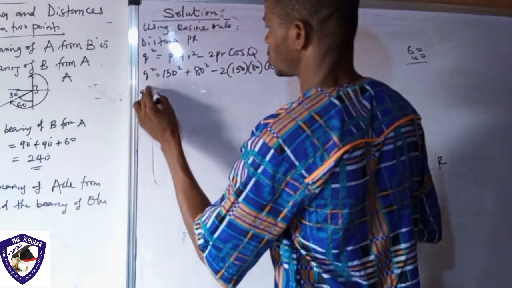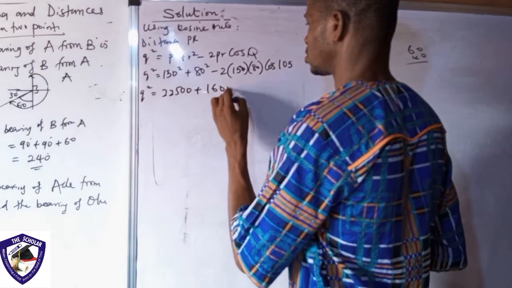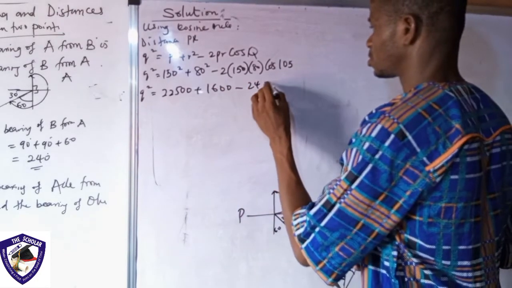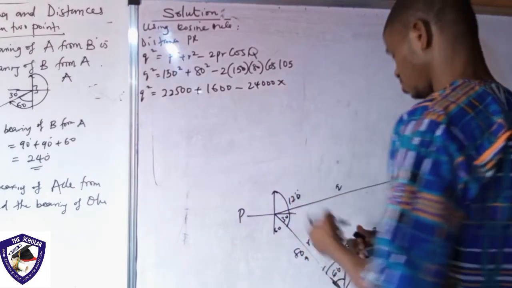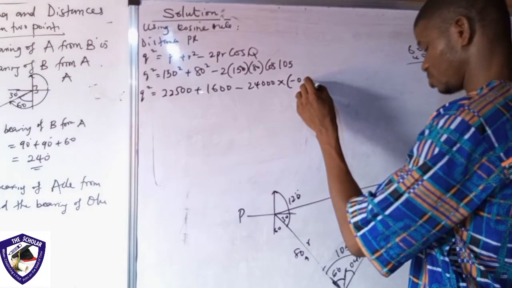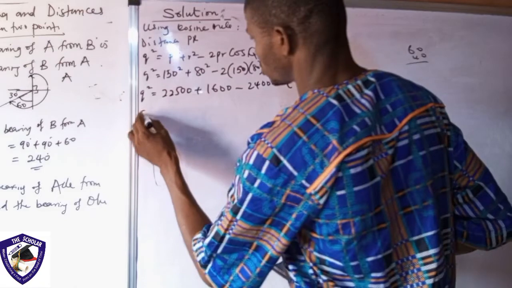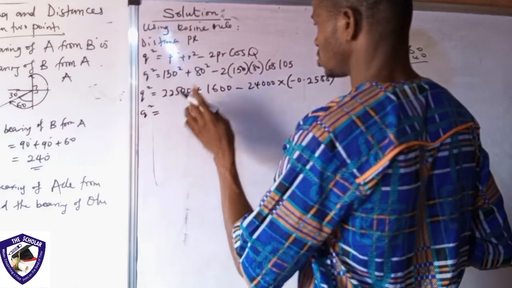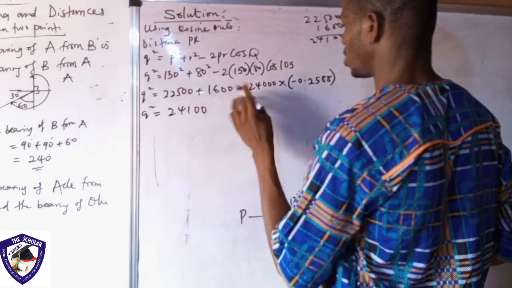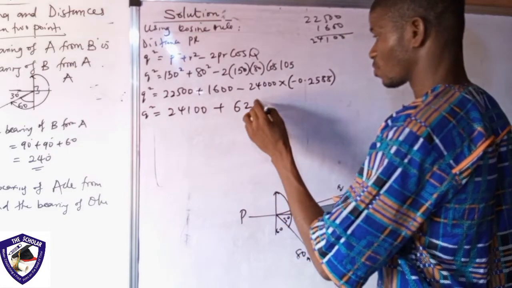And this will give me q squared is equals to 22500 plus 6400 minus 300 times 80, 24,000 times cos 105, minus 0.2588. So this will now give us q squared is equals to the addition of these two, 24100 plus 6211.66.